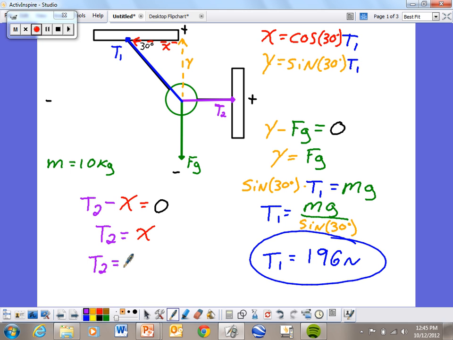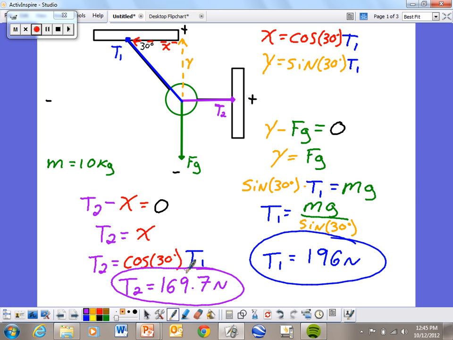So T2 equals, we solved for x earlier, that is the cosine of 30 degrees times T1. And since we now already know what T1 is here, we just have to multiply it by the cosine of 30 degrees, and I get that T2 is 169.7 newtons. And then we're done.